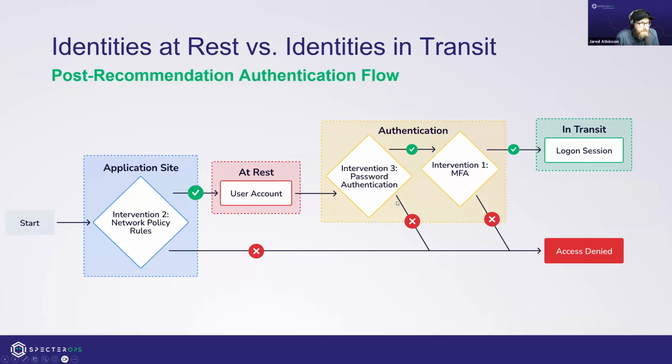And what you'll notice is that all of these interventions are focused on protecting the identity at rest. But we have information, based on the way that this incident occurred, that we know the attacker had access to this contractor's computer. So we could imagine that the attacker already bypassed the network policy rules because the contractor had legitimate access to these Snowflake tenants.